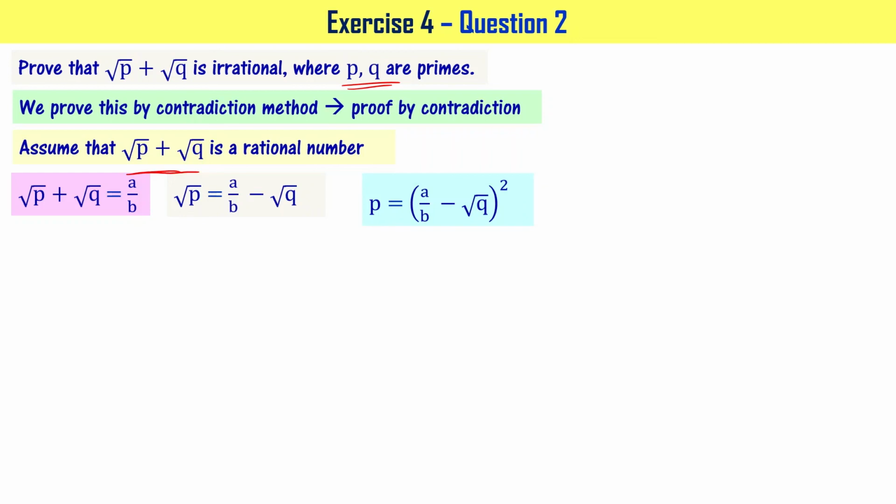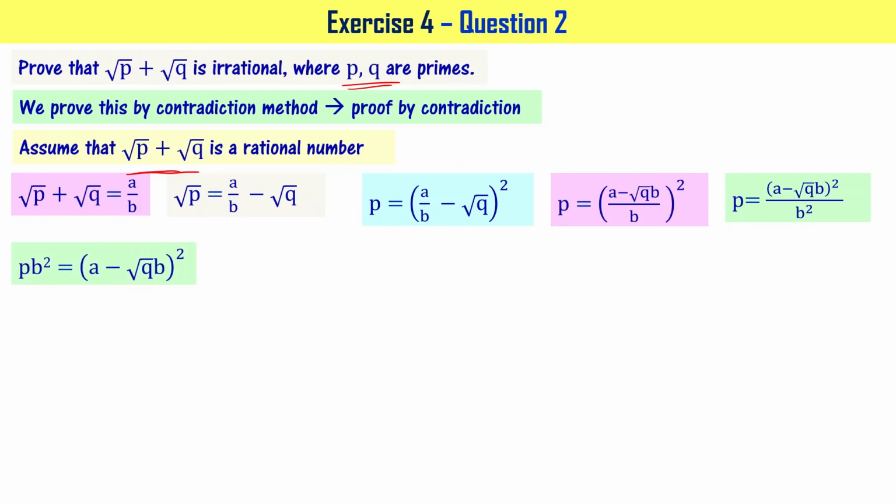This can be rearranged and written as p equal to (a minus square root of q times b) divided by b whole square. This can be further simplified and written as p equal to (a minus square root of q b) whole square divided by b square, right? Let me rearrange this equation such that I can write it as p b square equal to (a minus square root of q b) whole square.